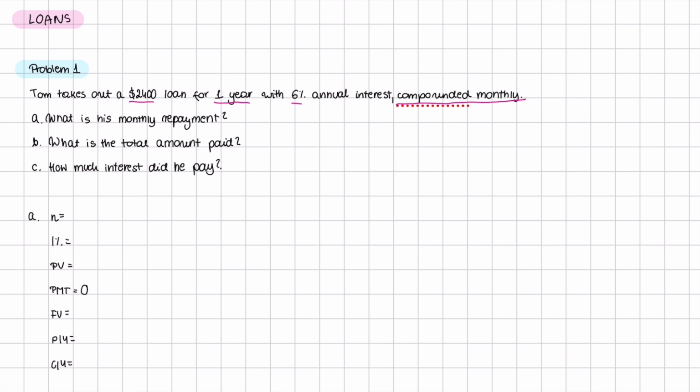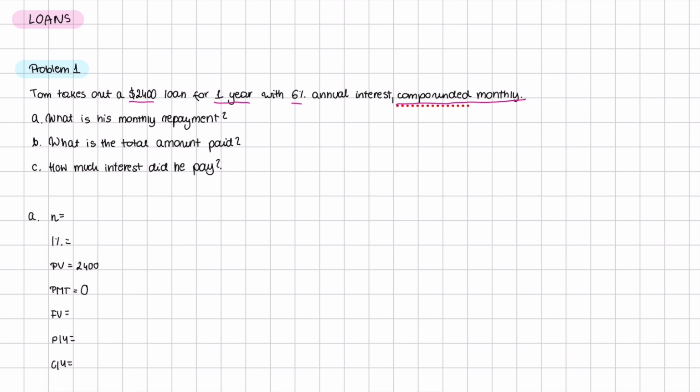So we're looking for PMT, so we know that it equals to 0. We have also loan which equals 2,400, so it's our present value with a plus sign, but we don't need to write it, and it's our injection. It's an injection to our wallet, so it's with a plus sign.